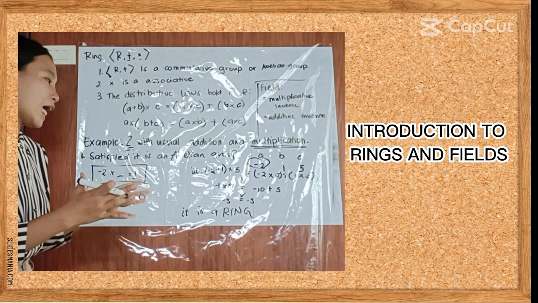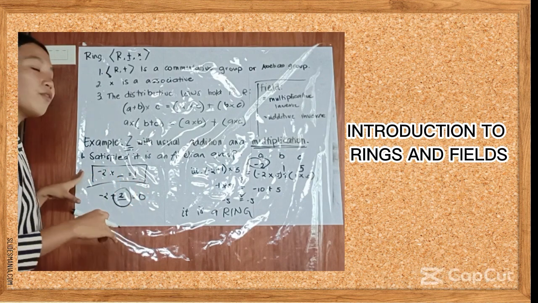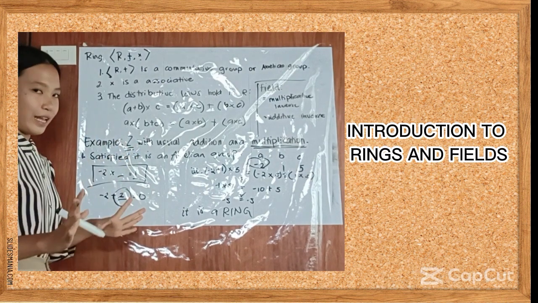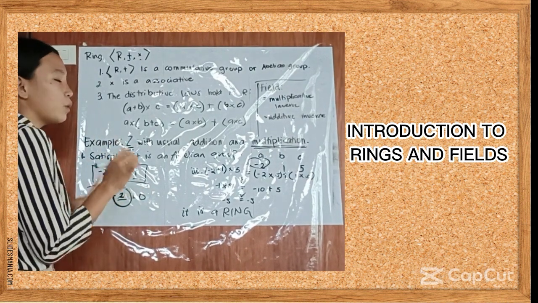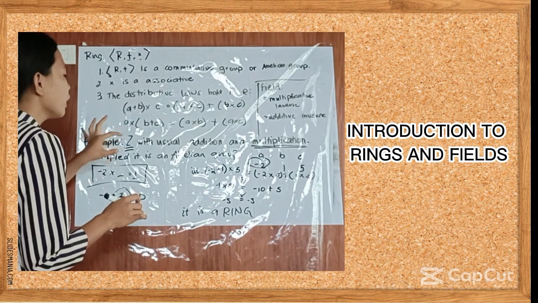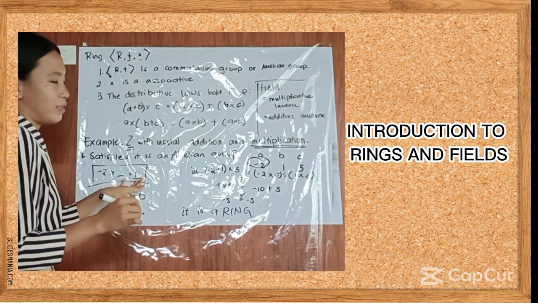Have you ever thought of any number that we can multiply to -2 so that we can get 1? Nothing. So, we cannot multiply any number from integer to get 1.